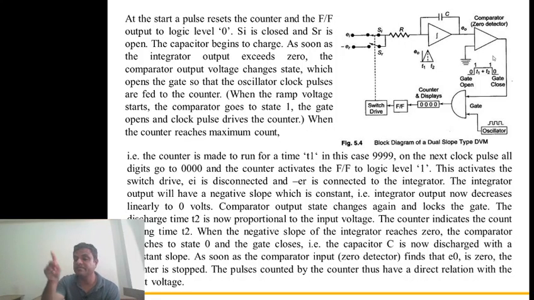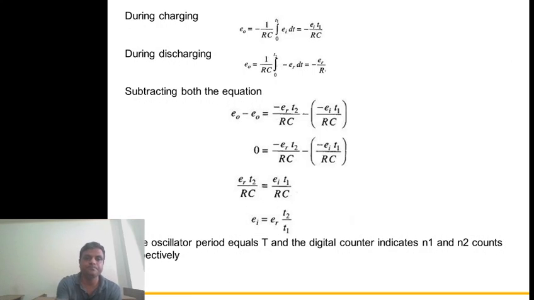Once the comparator output changes state, this counter is again reset to 0. So before reset to 0, the count value shown in this counter is directly proportional to the input voltage. That is what they try to explain in this particular explanation.